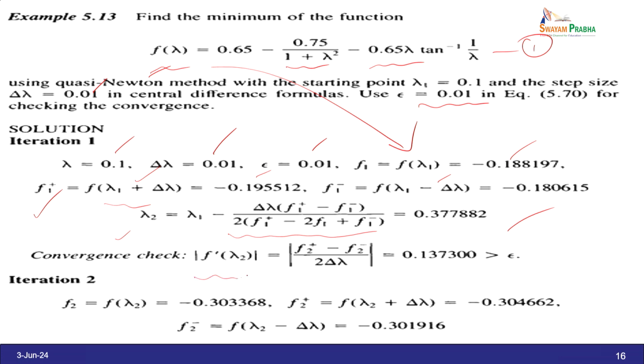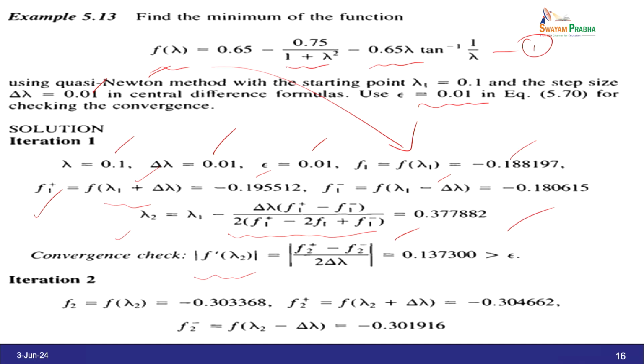The rule is modulus of f dash of lambda 2. That lambda 2 is substituted in f dash, meaning differentiate partially with respect to equation 1. Instead of doing that, you calculate F2. So, F2 is equal to what?